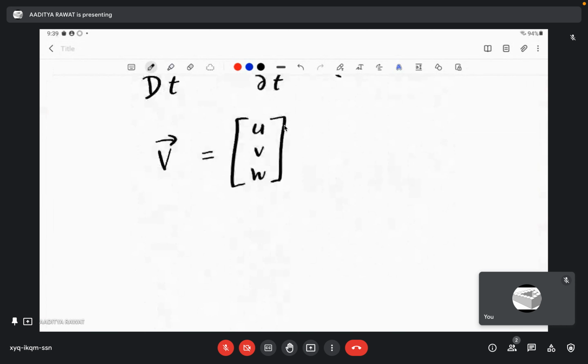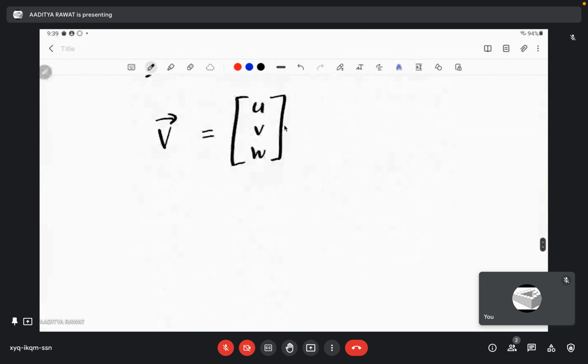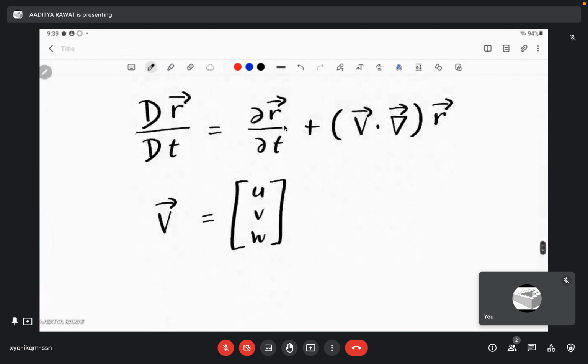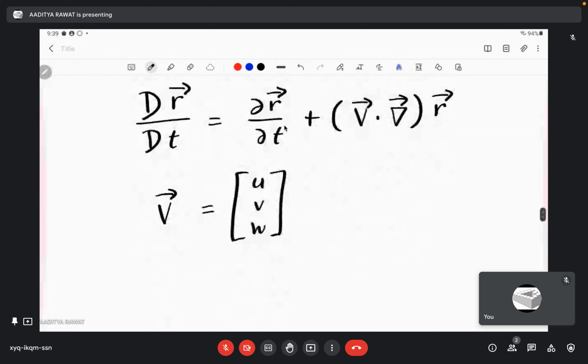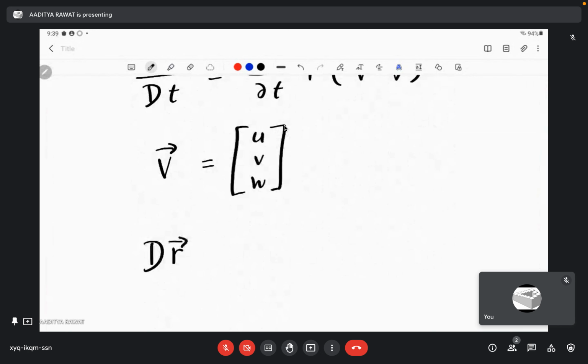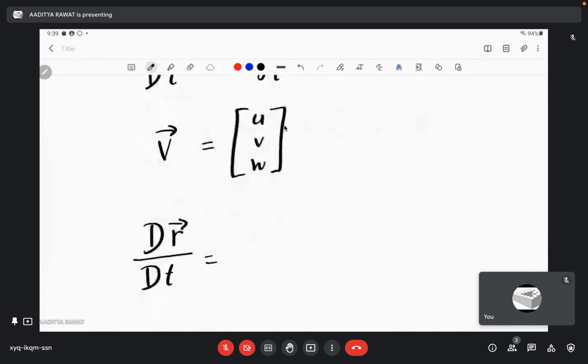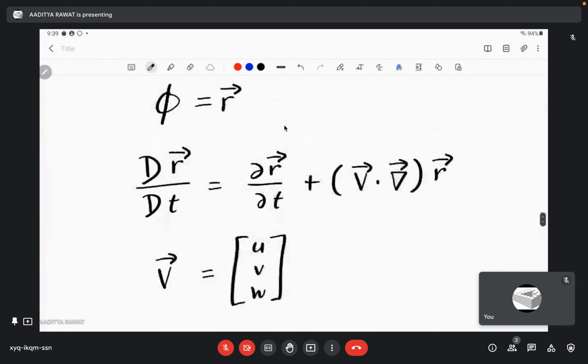So now let us substitute on the right hand side of this expression. Dr by Dt equals del r by del t, so del by del t of x, y, z, plus now v dotted with the gradient.